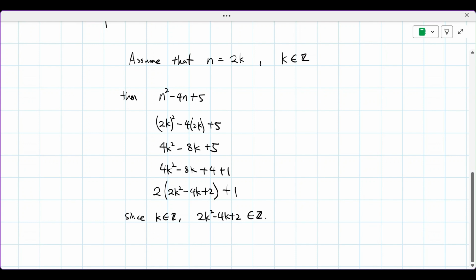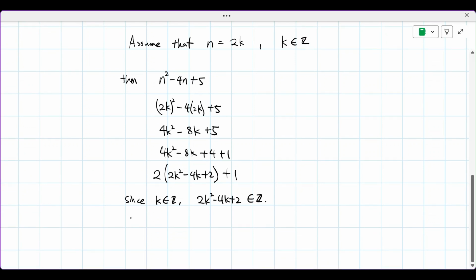Therefore, 2 times (2k squared minus 4k plus 2) is guaranteed to be even, and then plus 1 guarantees that the final expression is odd. Therefore, 2(2k squared minus 4k plus 2) plus 1 is odd. Therefore, n squared minus 4n plus 5 is odd.